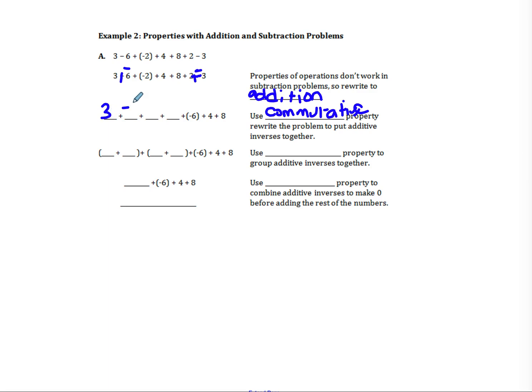So 3 and -3 are inverses. And then I have 2 and this -2. And then the other numbers in my problem are -6, 4, and 8. Then I'm going to use the associative property to group them since I have multiple pairs.